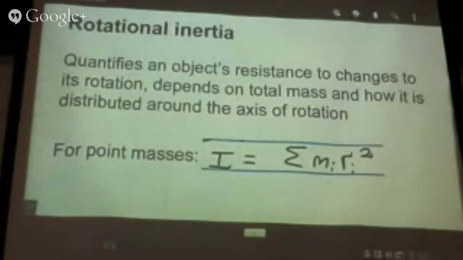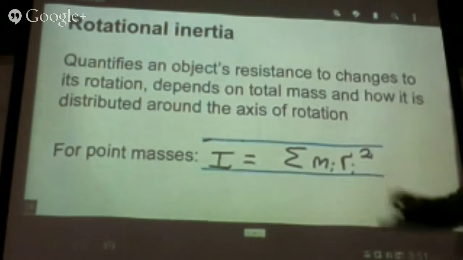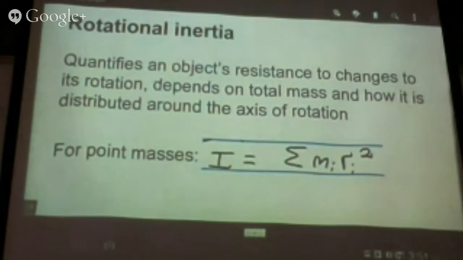To figure that out for point masses, like the 2 weights on the ends or the 2 weights in the middle, we need the rotational inertia about whatever axis we're going to rotate it around. So if we're trying to rotate it around the middle of the meter stick, we'll measure everything from the middle of the meter stick. We just do the mass of something that's attached to the meter stick times its distance from the middle squared.